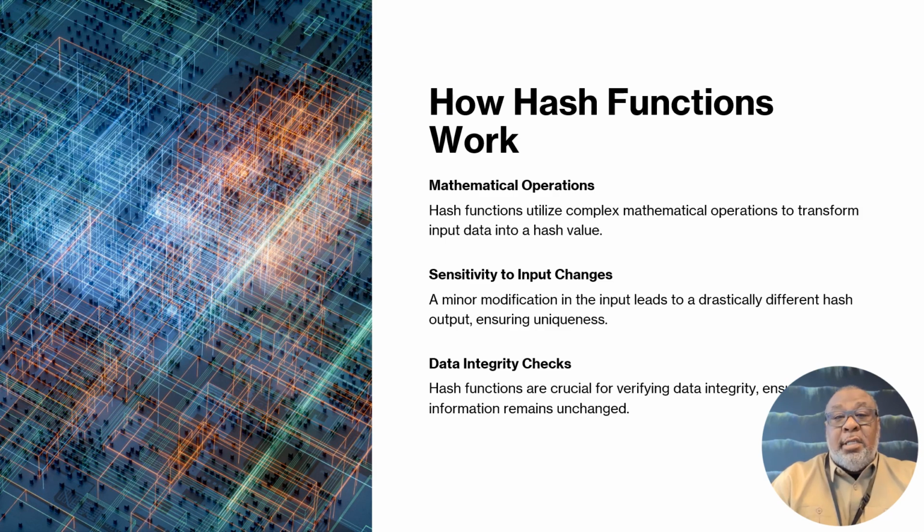Hash functions process data through a series of mathematical operations resulting in a hash value. Even a small change in input will produce a significantly different output, making the hash function an effective data integrity check.